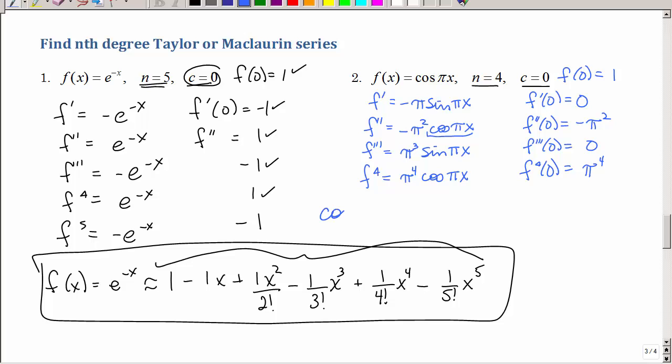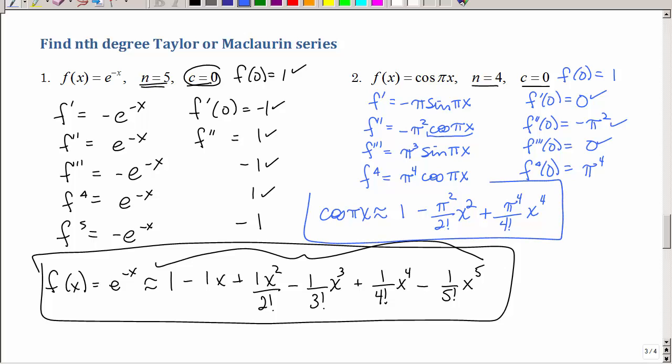So we can say that the cosine of pi x is approximately equal to 1, then we're going to have 0, so I'm not going to write that down, minus pi squared over 2 factorial times x squared, then 0, then plus pi to the 4th power over 4 factorial x to the 4th power. And again, that would be the approximation, or the nth degree polynomial.